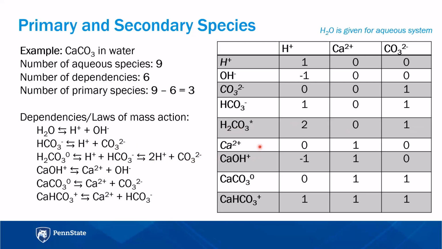The calcium ion is a primary species, and then calcium hydroxide can be formed from 1 calcium ion and 1 hydroxide ion, which is essentially minus 1 hydrogen ion. And then calcium carbonate can be formed by 1 calcium ion and 1 carbonate ion. And finally, calcium bicarbonate can be formed by one hydrogen ion, one calcium ion, and one carbonate ion.